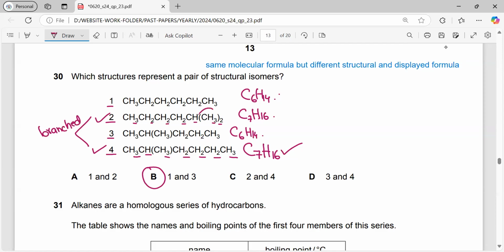There is a branch of methyl in 2 and 4. But 1 is just a normal straight chain. And the third one has a branch of CH3. It is branched, which makes number 1 and 3 structural isomers of each other. The 1 and 3 are correct.